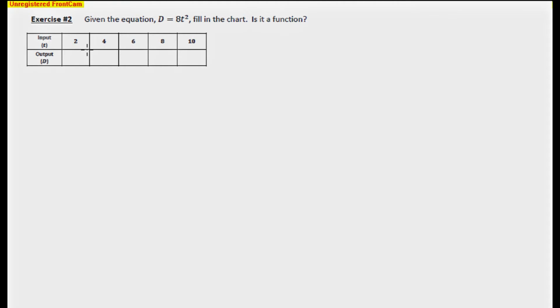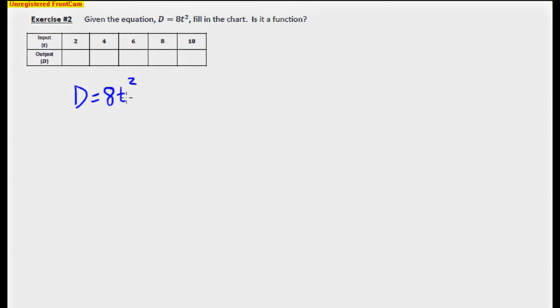So all I have to do is take each one of these numbers and plug them in for t. These are nice, easy, what I call plug and chug problems. You plug in the value for the variable and just chug out the answer.